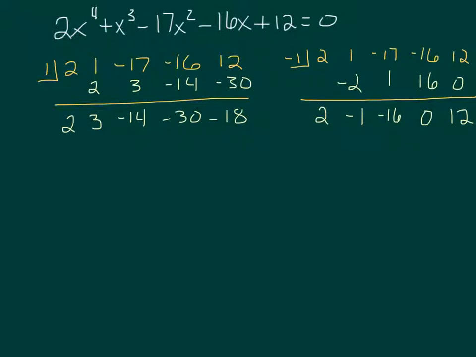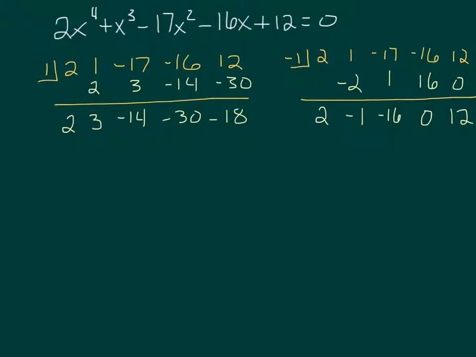Okay, so we know that negative 1 is not a 0, but if you saw what happened here, we went from a negative remainder to a positive remainder. So we're thinking of the location theorem right now, and we know that there has to be a 0 between negative 1 and 1, because otherwise it couldn't have gone from y values of negative to y values being positive.